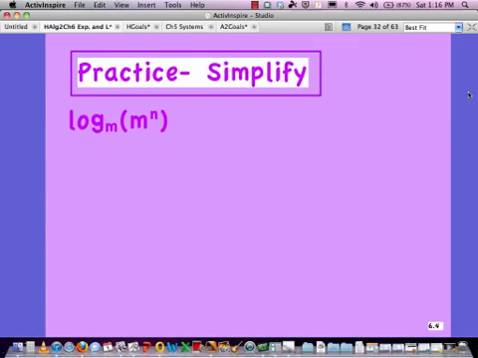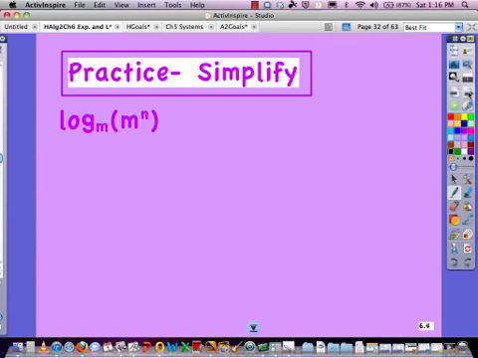Next one. Log of m to the n in base m. Again, it's in log form, but if you don't recognize what your solution is when you read it, then you probably will want to write it in exponential form. So here we go. Let's read it for meaning.